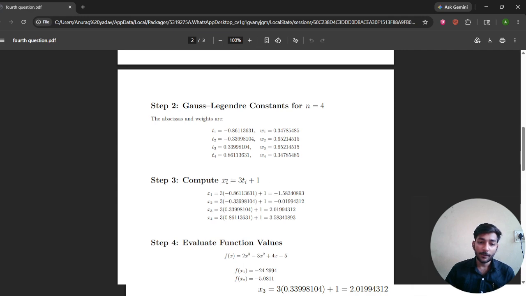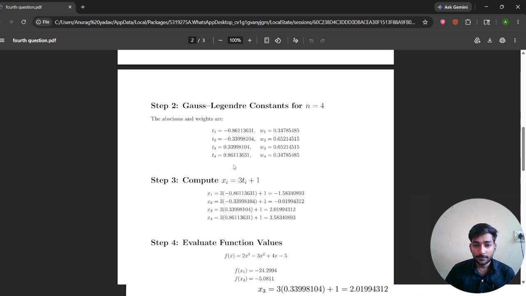When we put i = 1, then x1 = 3t1 + 1. Putting the value of t1 in this equation, we get -1.5834089, and when we put the value of t2 in this equation, we get the value of x2.